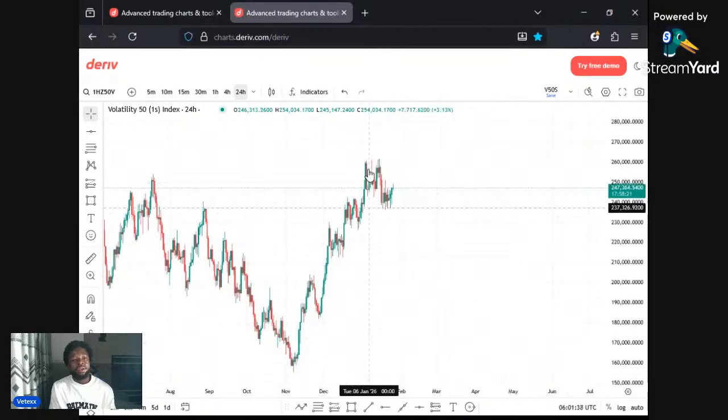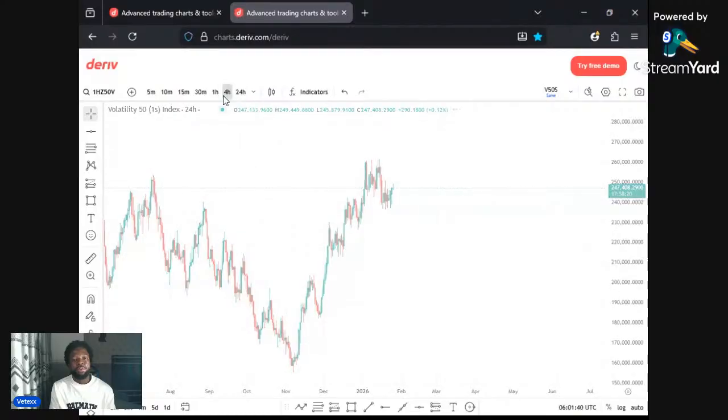So now that price has taken out the target, let's check the 4-hour time frame to see if we find a move that we can anticipate.